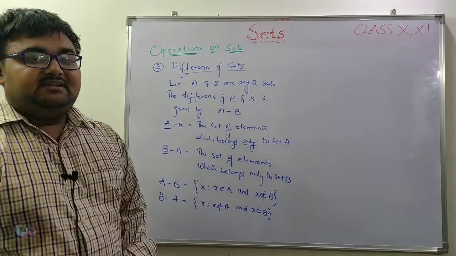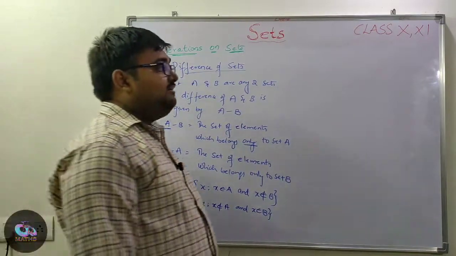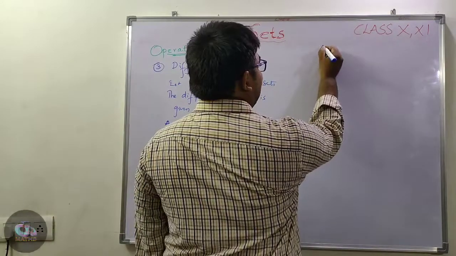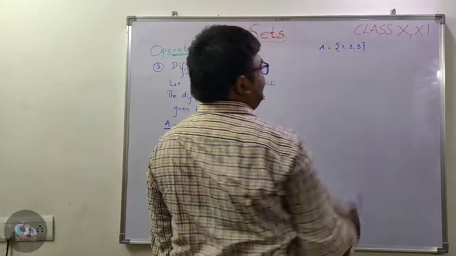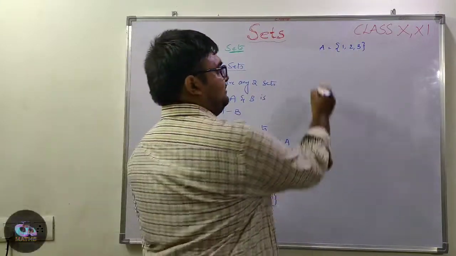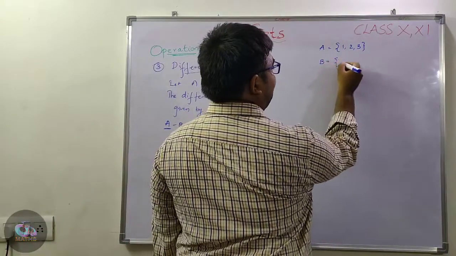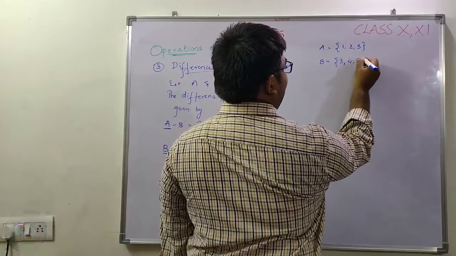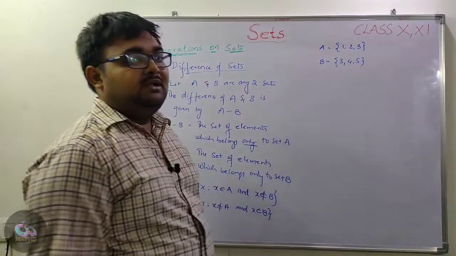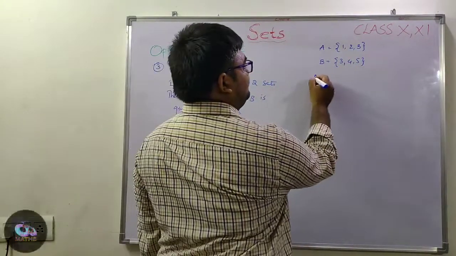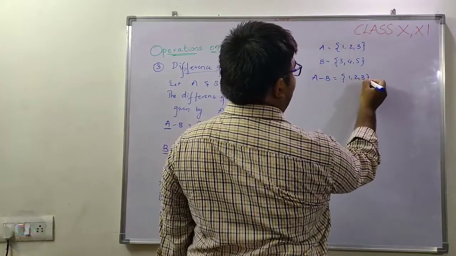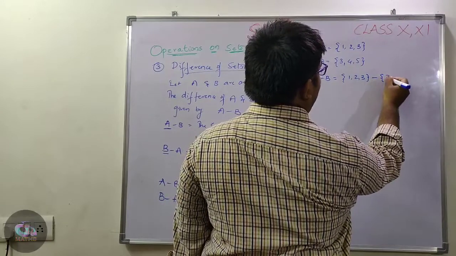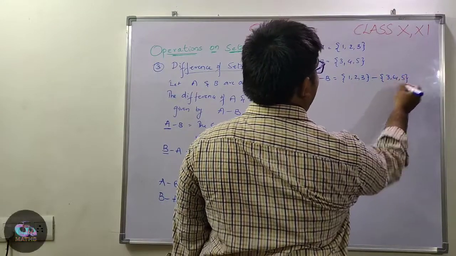Let us take one example, then you will have a clear idea about this. The same example I am considering here. Set A is {1, 2, 3} and set B is {3, 4, 5}. Now A minus B is given by {1, 2, 3} minus {3, 4, 5}.